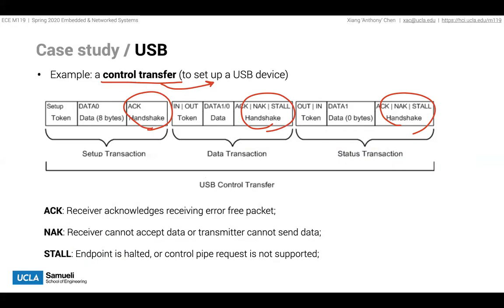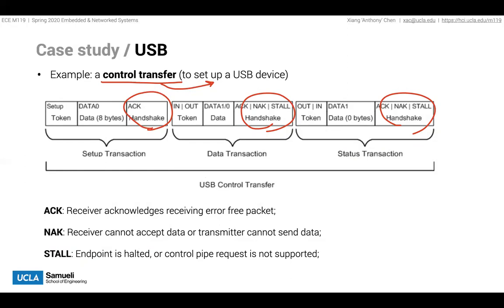ACK, acknowledgement, means that the receiver acknowledges receiving an error-free packet. And NAK is the negation of acknowledgement. It means the receiver cannot accept data, or the transmitter cannot send data.